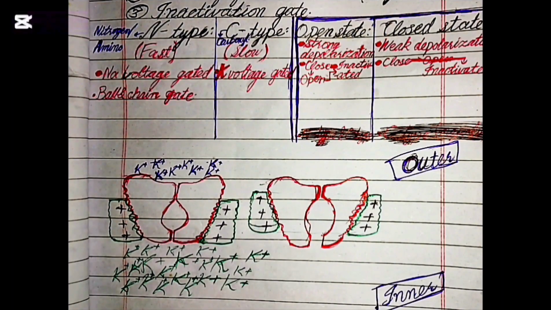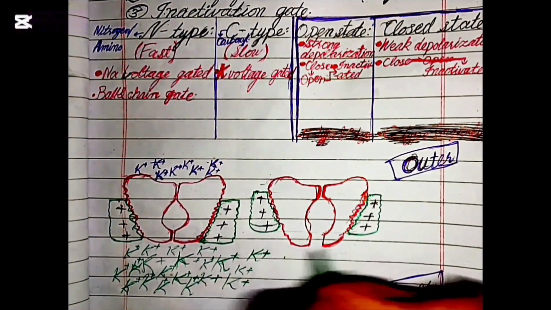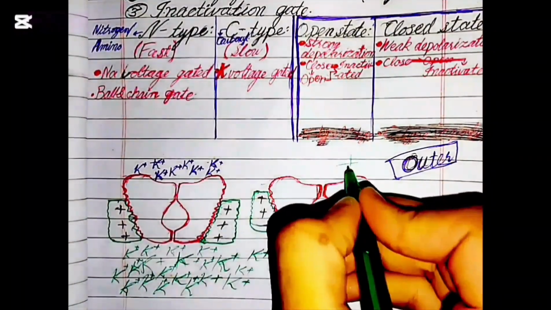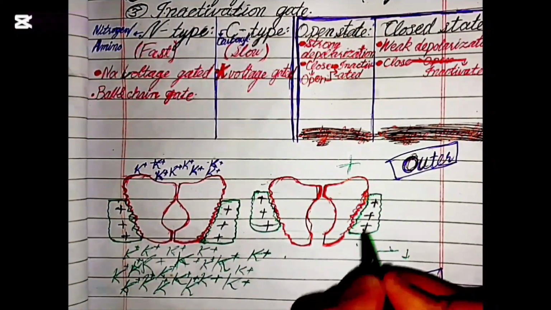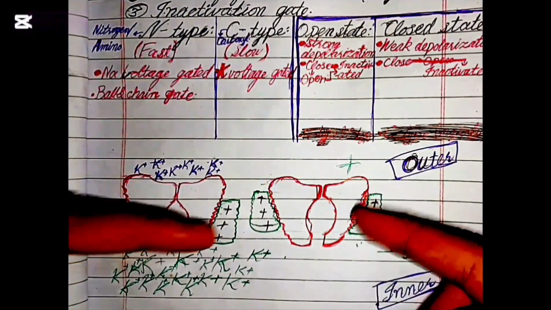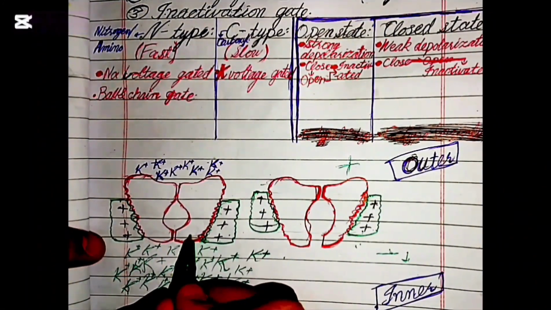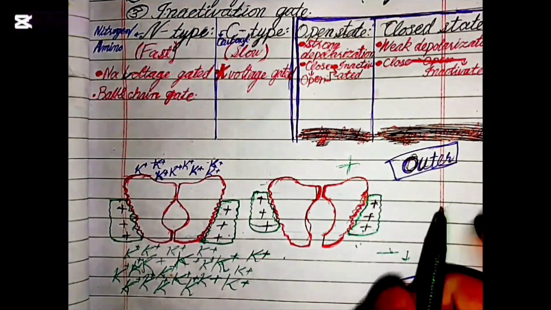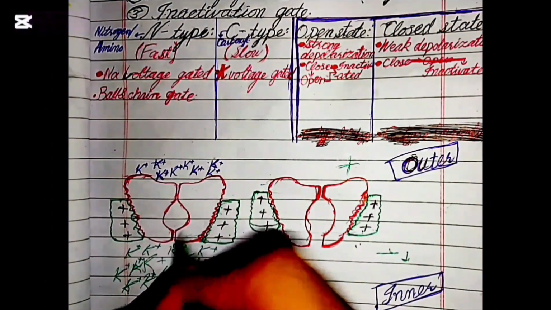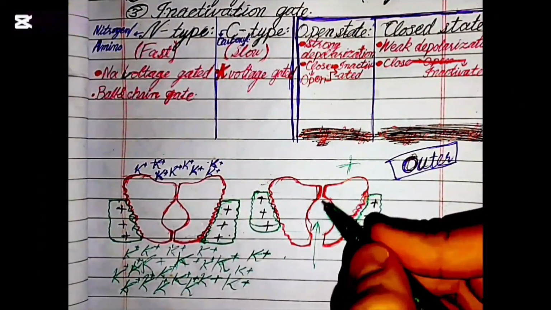Its mechanism is mainly the same, as the inner side is negative and the outer side is positive. When the negativity decreases, they repel each other and the positive goes upward. As the positive goes upward, the activation gate, which was being pulled, opens and potassium rushes out. The selectivity gate selects only potassium.